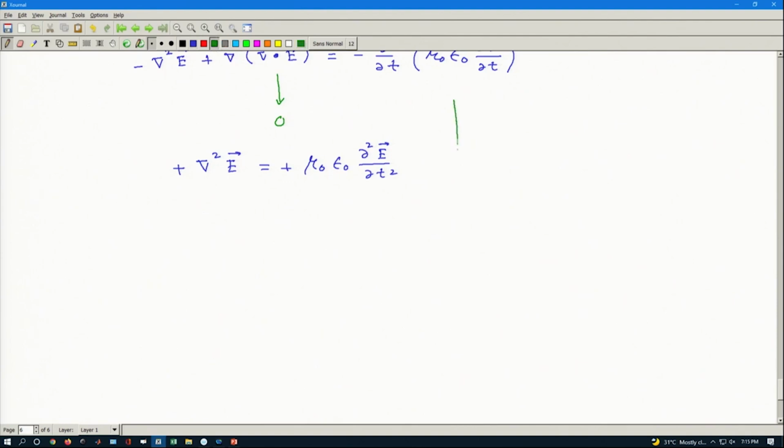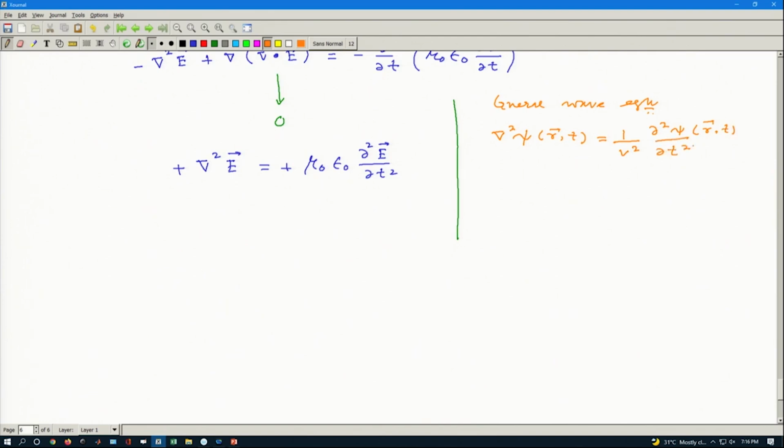So, let me write down the wave equation on this side. The general wave equation was grad square psi as a function of r and t is equal to 1 divided by velocity square, 1 by v square, and then d2 psi as a function of r and t dt square.